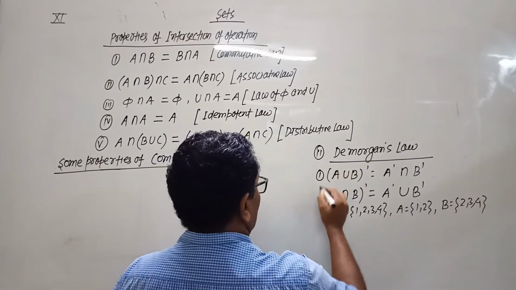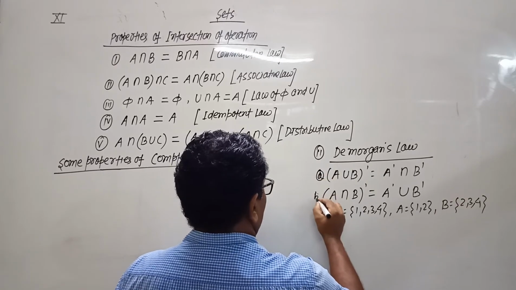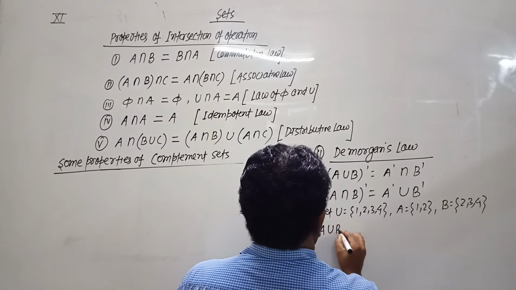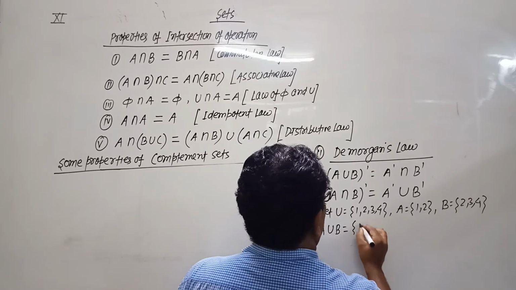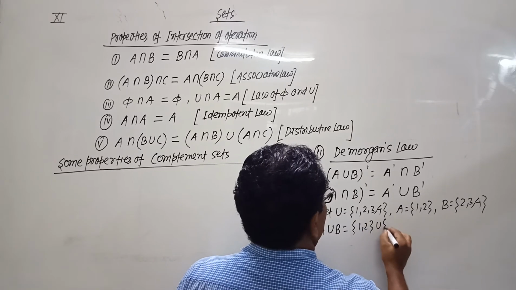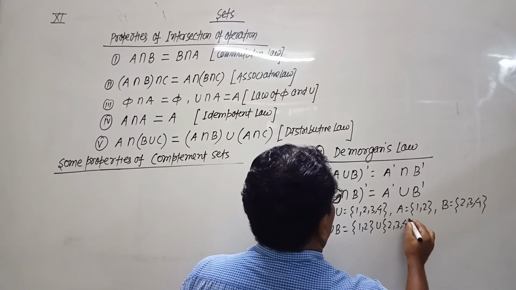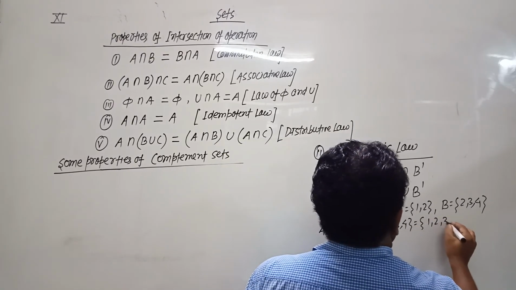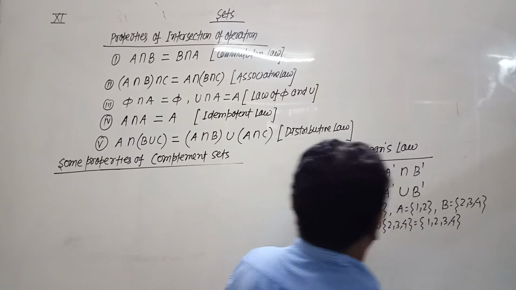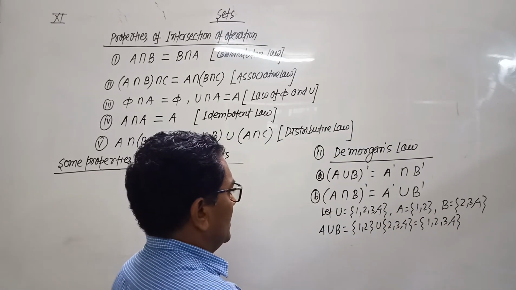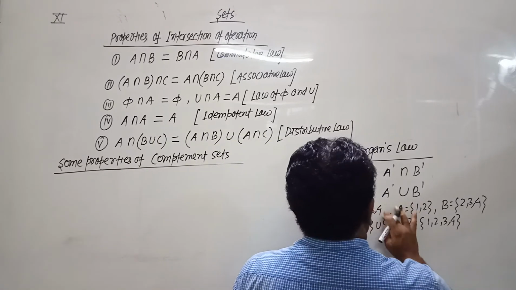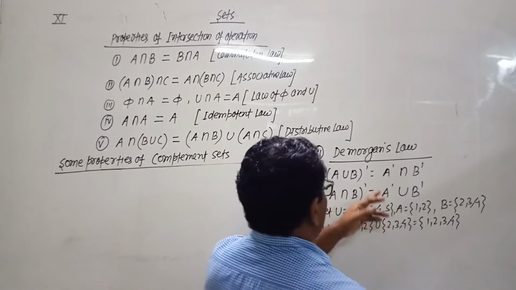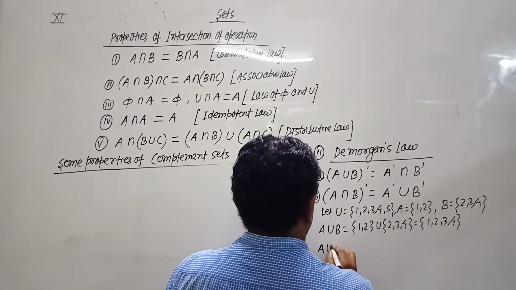Then we find A union B. So A union B is given by 1, 2 union 2, 3, 4. So it will be 1, 2, 3, 4. Let us take 5 also. Now we have to find (A union B) dash.